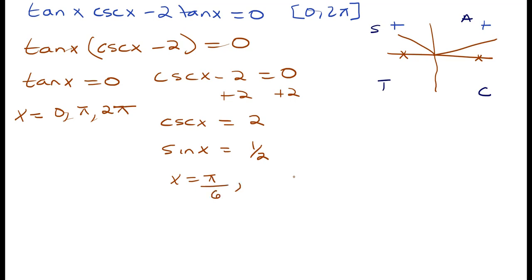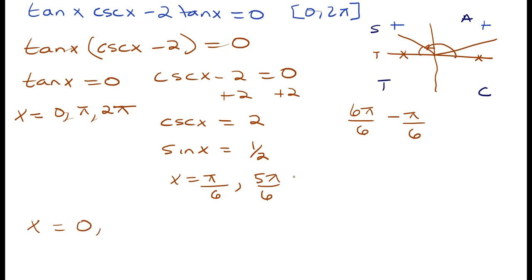And then here we're going to have, this is pi, and we want to account for this angle right here. So it's going to be pi minus pi over 6. So remember 6 pi over 6 represents pi, so pi minus pi over 6 is going to be 5 pi over 6. So now our values of x are going to be 0.